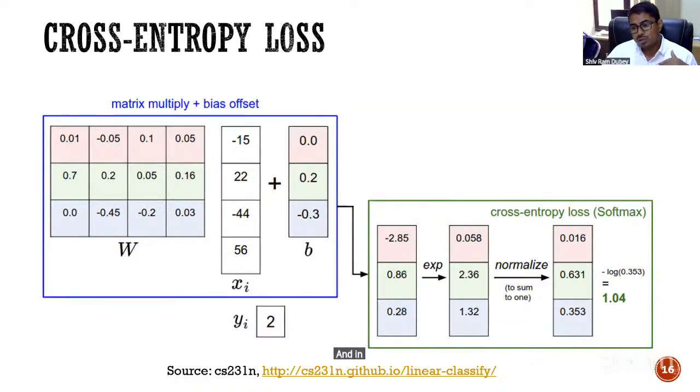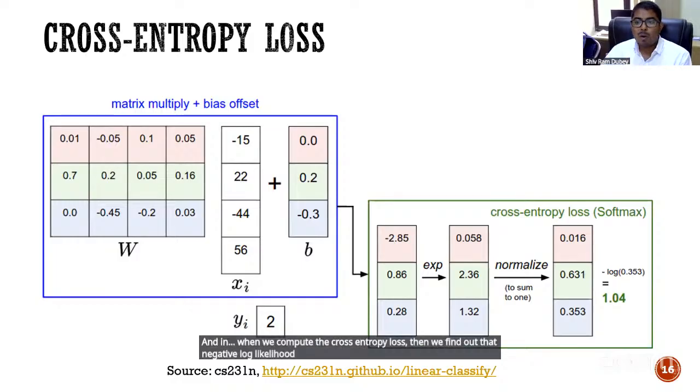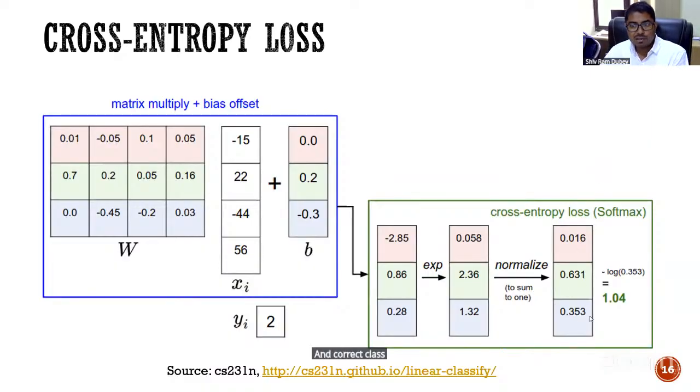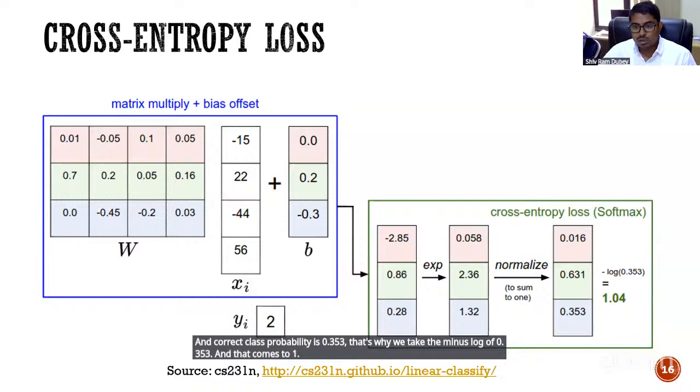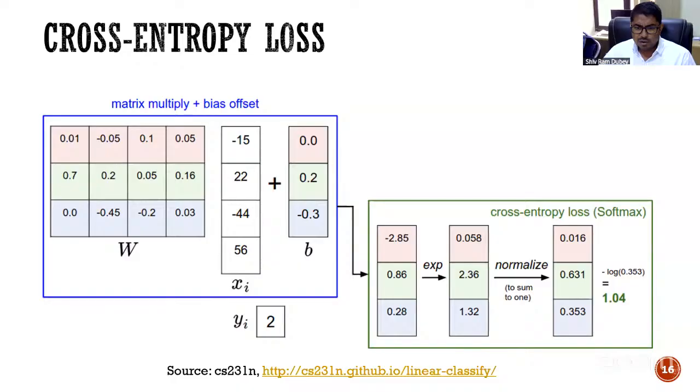When we compute the cross entropy loss, we find the negative log likelihood of the probability of the correct class. Because y is 2, the correct class is SIP, and its probability is 0.353. That's why we take the minus log of 0.353, and that comes to 1.04, which is the loss here. I hope this is clear now.